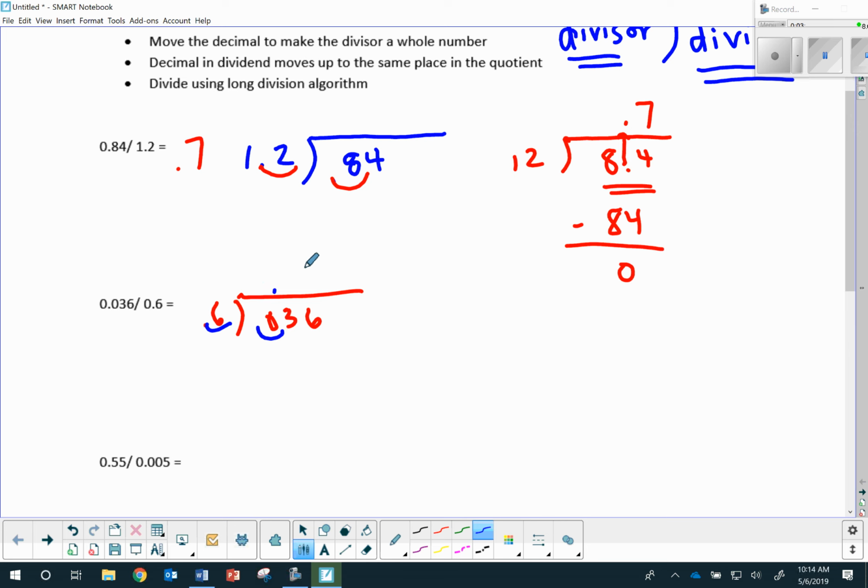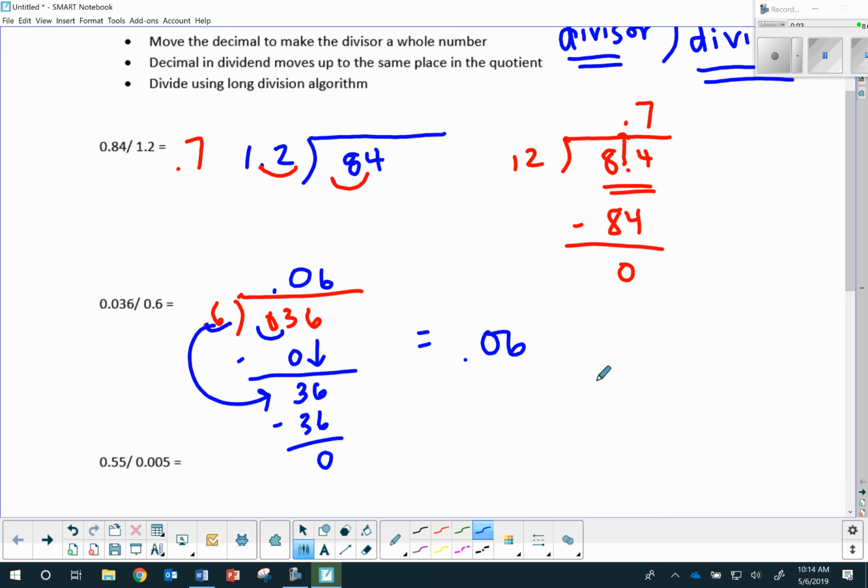It goes into 3 0 times. 6 times 0 is 0. Subtract, 3 minus 0 is 3. Bring down my 6. Now 6 goes into 36 6 times. 6 times 6 is 36. Subtract and get 0. Therefore, my answer here is 0.06 or 6/100ths.